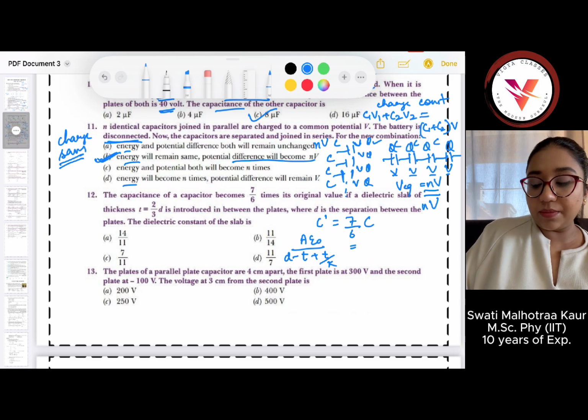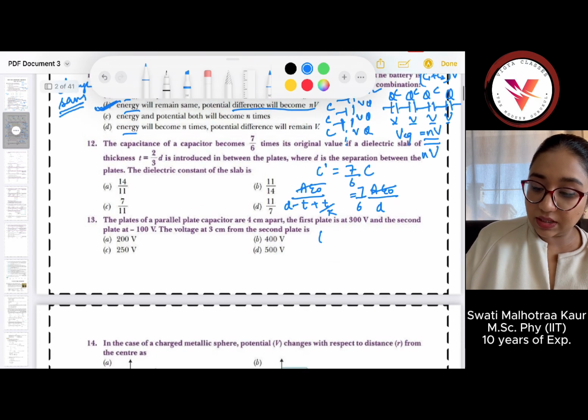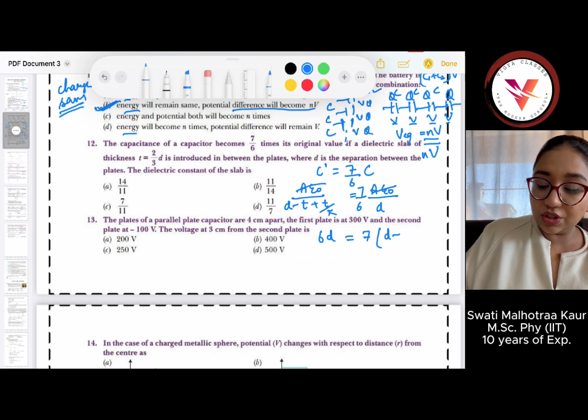A epsilon naught will remain the same upon d is 7 by 6 times. Okay, so you can cancel these two terms. It becomes 6d is equal to 7 times d minus, put the value of t which is 2 by 3 d, plus 2d by 3 kappa.